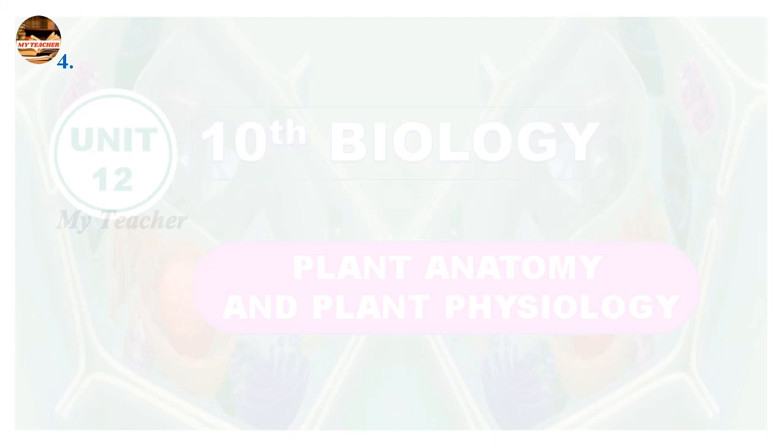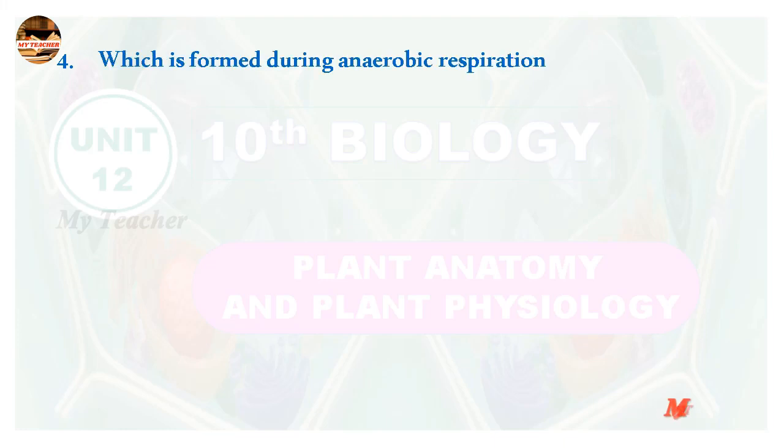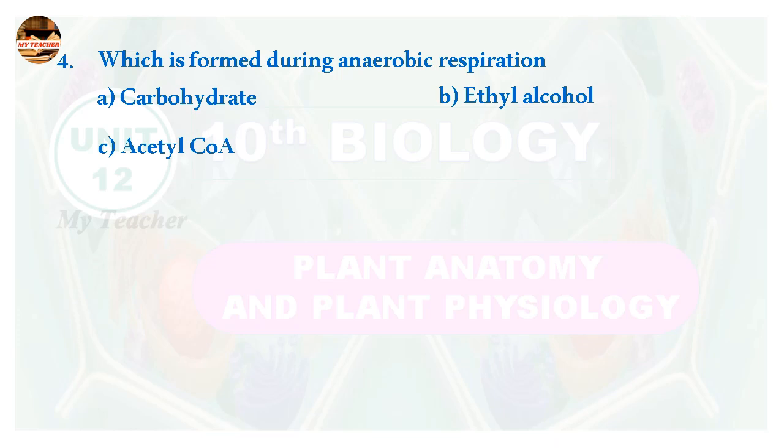Fourth question, which is formed during anaerobic respiration? A. Carbohydrate, B. Ethyl alcohol, C. Acetyl coenzyme A, D. Pyruvate. Answer is option B. Ethyl alcohol.